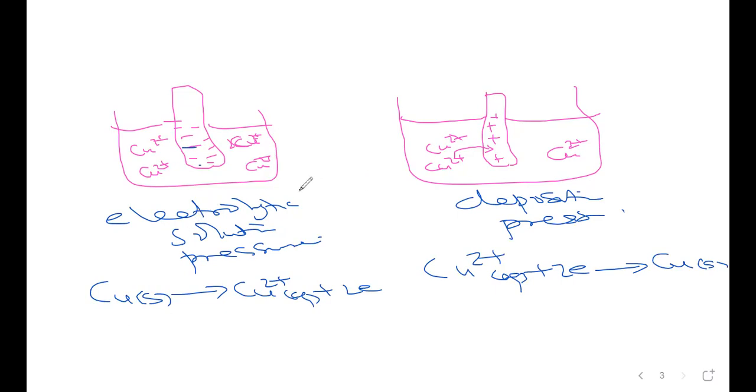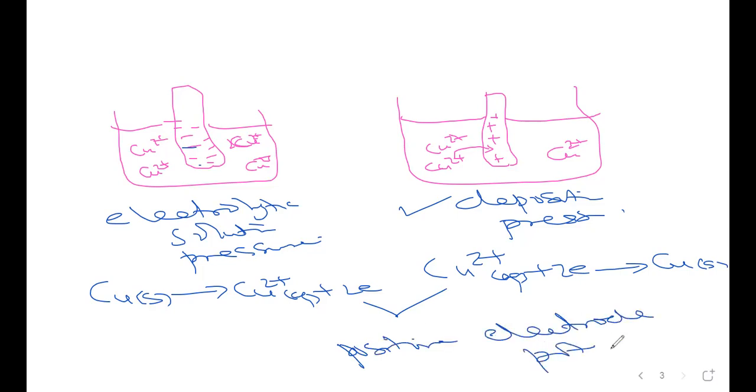So for the copper rod, it has a greater tendency to get deposited on the rod than to dissolve in the solution. And such metals that have that tendency get what we call a positive electrode potential, if they have a greater deposition pressure than the electrolytic solution pressure. And that's why the copper rod is usually called a positive electrode.